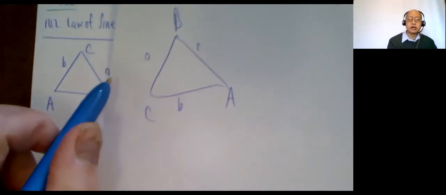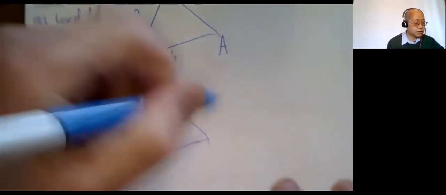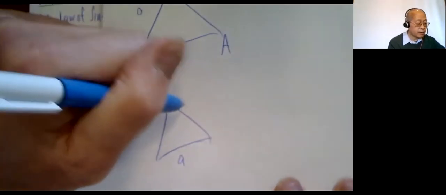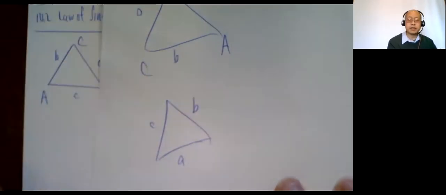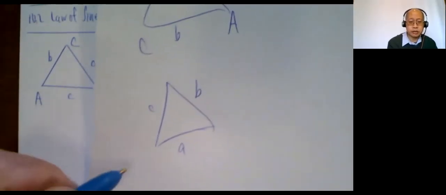And by the way, similarly, you can plunk down the little letters, the sides, first. So make up some random triangle. You could say, I want the distances first, right? So you can say, this is little a, and I want this one to be little b. I want this to be little c. Okay, but again, once you do that, then the points are determined, right?